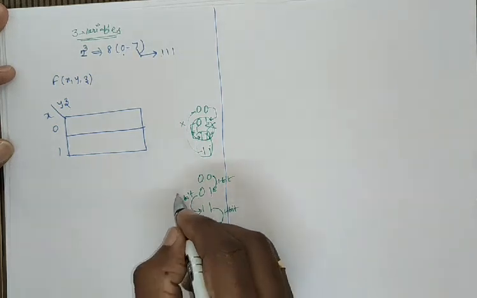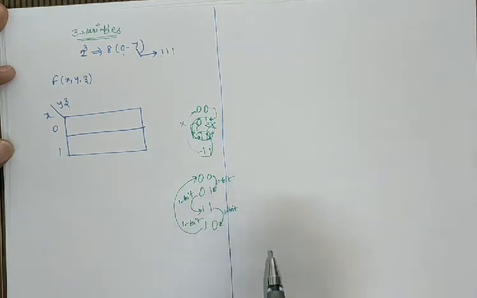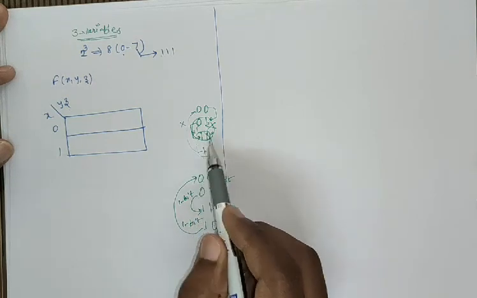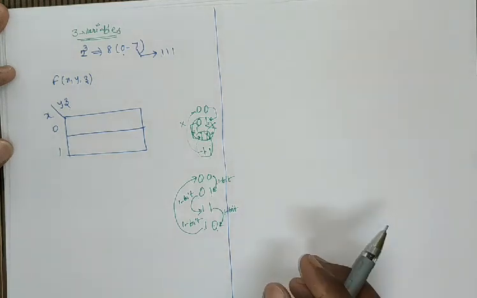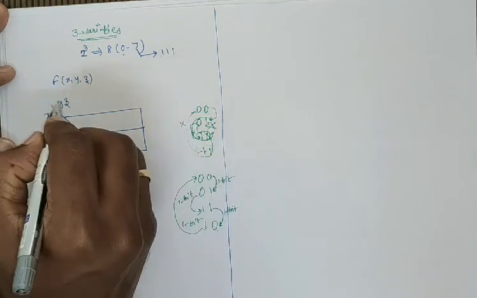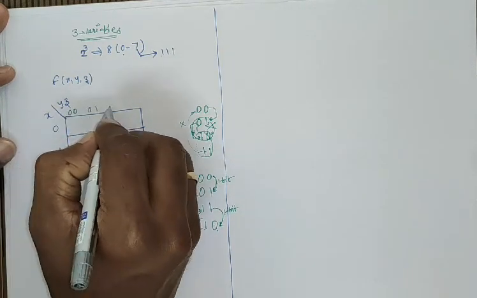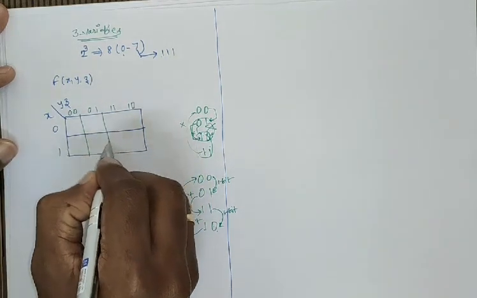Next, from 10 back to 00: only one bit. So if we interchange these two positions, then every number is adjacent to the next. For this condition I am writing the possible combinations 00, 01, 11, 10.